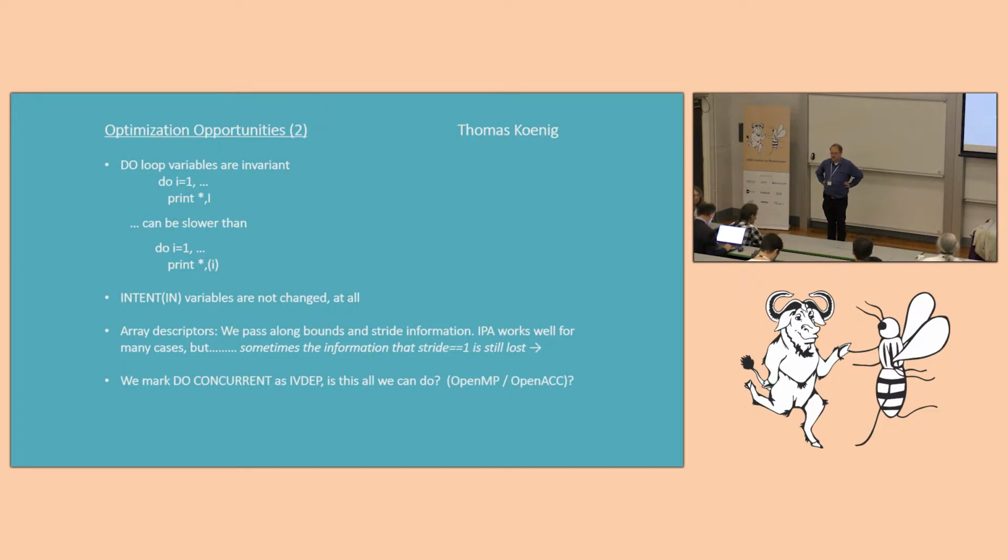Yeah, the thing is, even with an intent out variable, the descriptor doesn't change. Actually it's only the data that is pointed to that will change. Even if you can have an intent out allocatable thing, and yes. But how does the allocated storage get passed back?